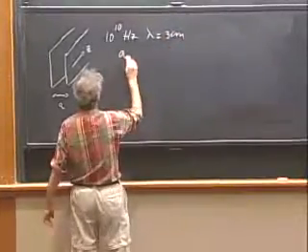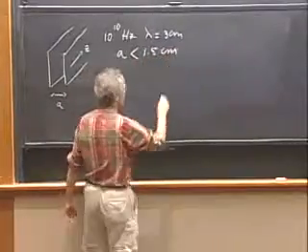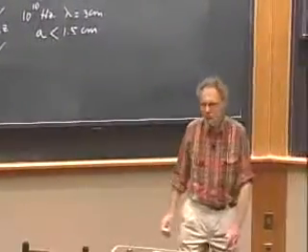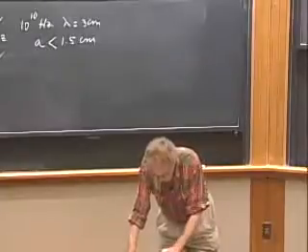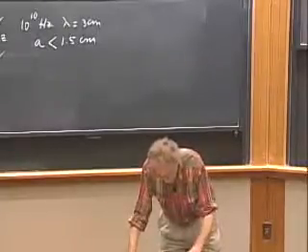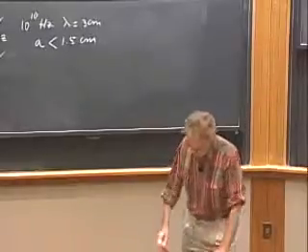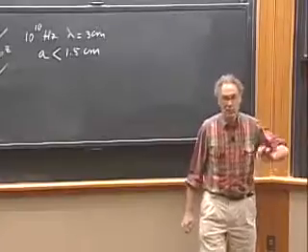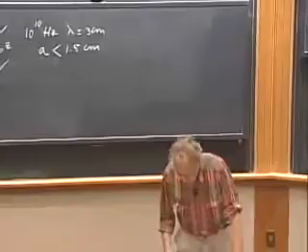When a is less than 1.5 centimeters, radar cannot go through anymore. If it's larger than 1.5 centimeters, it can, and I will demonstrate that. But what is behind that, and that's really what I want to get across, is the dispersion relation, which I will derive, but not now, but a few weeks from now when we reach that point.